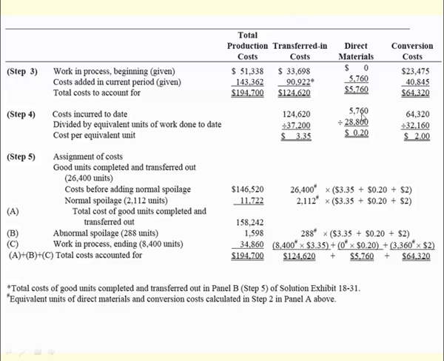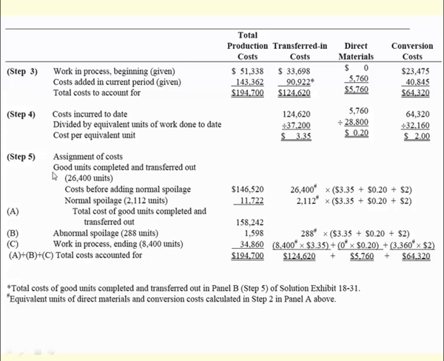For direct material, we divide 5,760 by 28,800, which equals 0.2 cost per equivalent unit for direct material. And finally, cost per equivalent unit for conversion cost will equal 64,320 divided by 32,160, which equals $2.